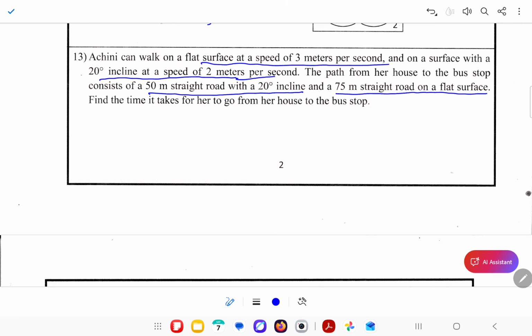Find the time it takes for her to go from her house to the bus stop. So 50 meter incline, she walks with 2 meters per second, so 50 over 2 is that time. Then for the 75 meter flat surface, she walks with 3 meters per second, so divide by 3. So what you get? 25 plus 25, so 50 seconds.